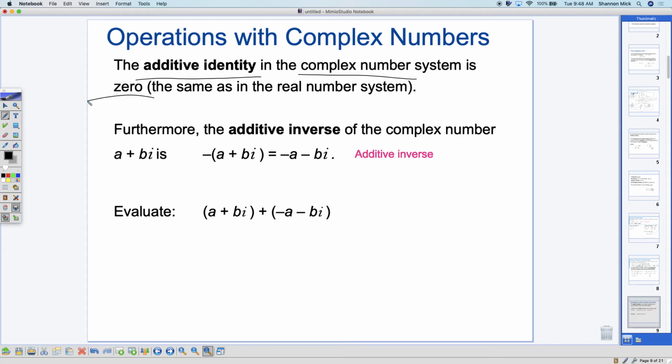Okay, now we have an additive inverse. Inverse means the opposite. So if I have a plus bi, the additive inverse, meaning moving it from one side to the next, I would add a negative or subtract a positive, correct? So I would distribute a negative through it and get negative a minus bi. When I put this and this together, what should I get? 0.